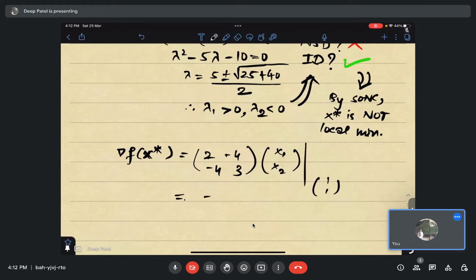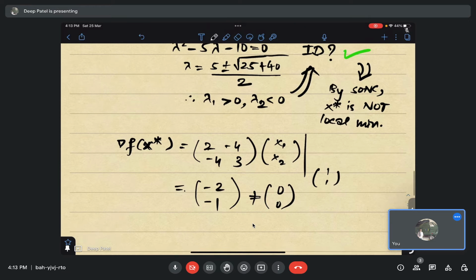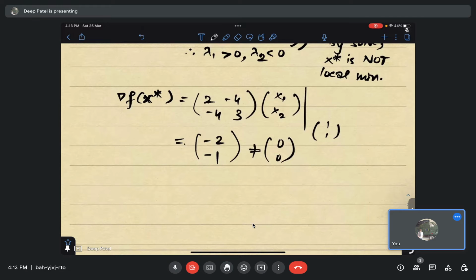So what is this? Minus 2, minus 1. It's not 0, right? That's the problem. But here in this case, SONC was already overkill, so we can just check it from the first order condition itself. But it may not be the case. We may have to go to the SONC, right?